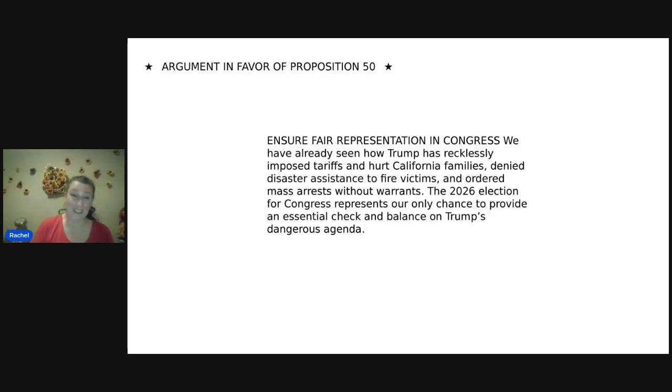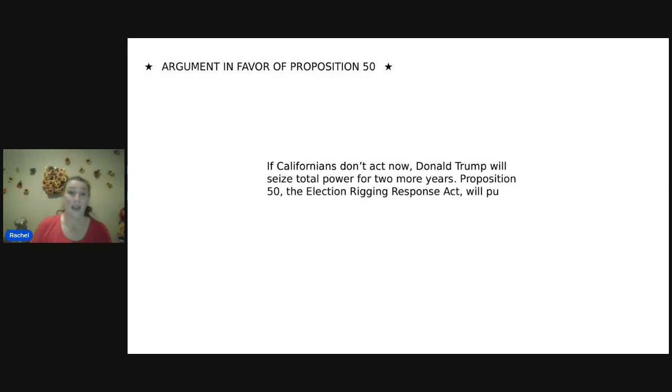I don't see what this has to do with congressional districting lines, but okay. Okay. If Californians don't act now, Donald Trump will seize total power for 2 more years.